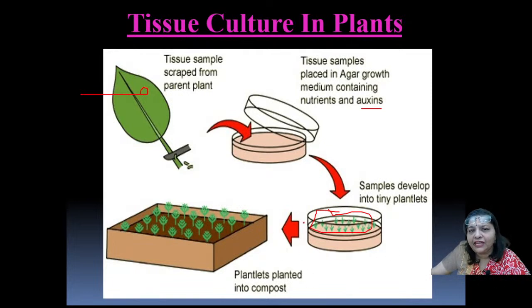Now these tiny plantlets have grown in the controlled condition in the lab, in the nutrient medium, and they have never been exposed to the outer surroundings, to the outer environment. Now these tiny plantlets will be slowly planted in the compost, and they will be allowed to get acclimatized to the surrounding environment, the light, the temperature, the heat, the soil, and the organisms present in the soil and on the land.